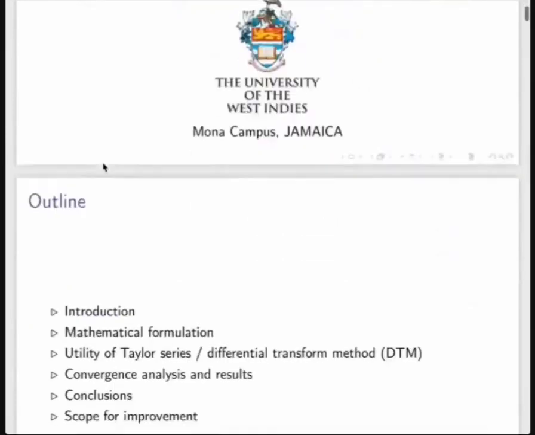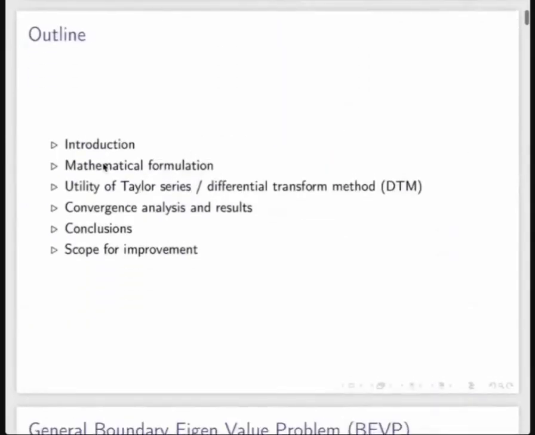And the outline is like this. I will explain briefly the mathematical problem that I've chosen from fluid flow instability, and I would highlight how the Taylor series method or the differential transform method can be used in handling the boundary value problem arising from the said fluid flow problem.